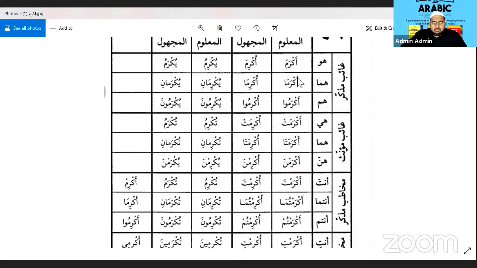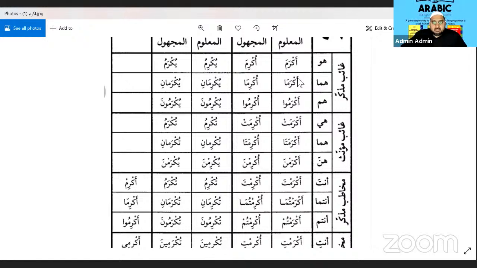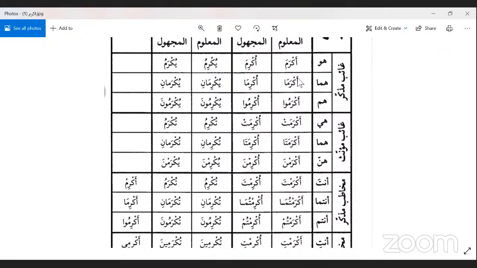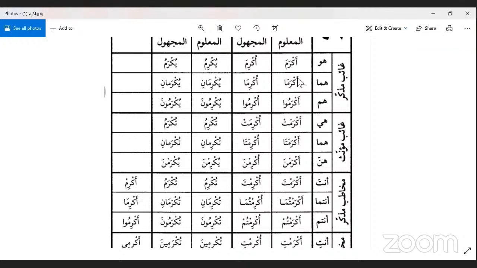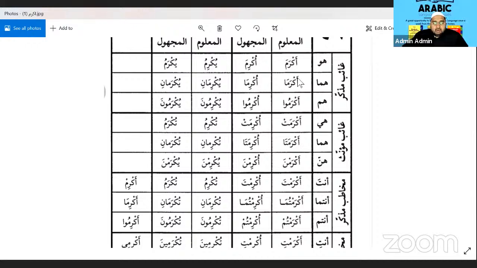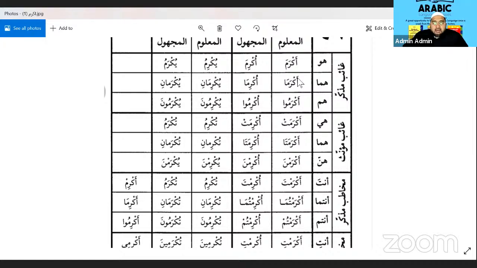Then hiya akramat. She gave respect to someone. Then huma akramata. Excellent. Hunna akramna. They all, females, gave respect to someone.